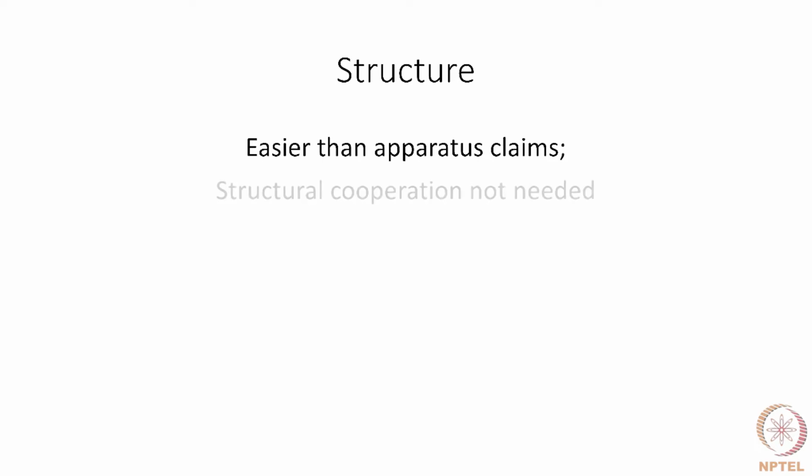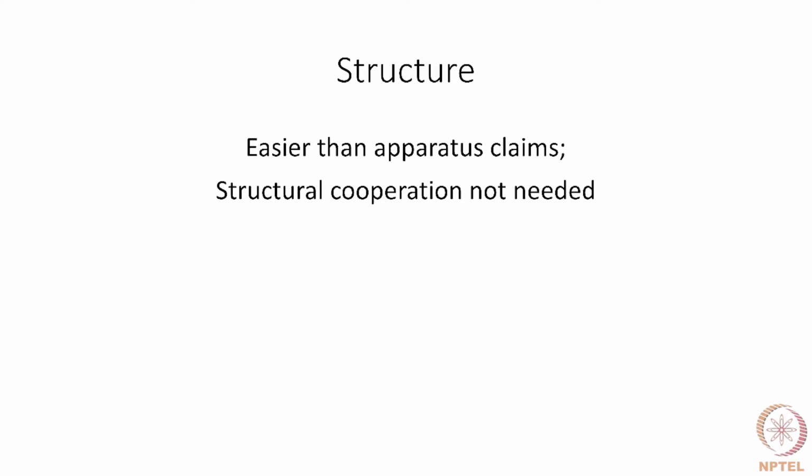Now, the structure of a method or a process claim is easier than an apparatus claim. So all the lessons that we learned in drafting an apparatus claim will hold good here, because claims at the end of the day follow certain principles which are common regardless of the class. The structure is easier because there is no need for you to demonstrate structural cooperation.